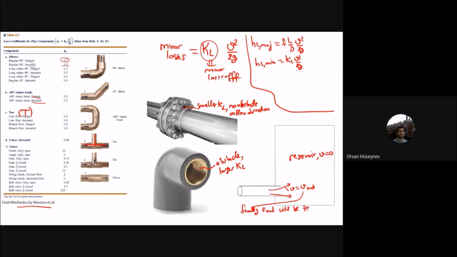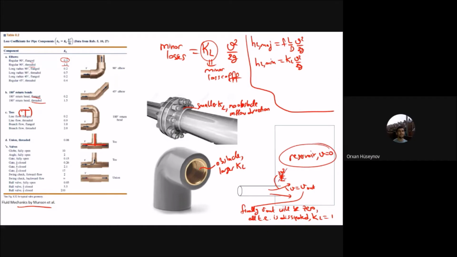It means that all kinetic energy is dissipated, and KL will be 1. So when the fluid enters the pipeline, if it has kinetic energy of V squared by 2, at the end the velocity will be 0, because it comes to a reservoir with zero velocity.